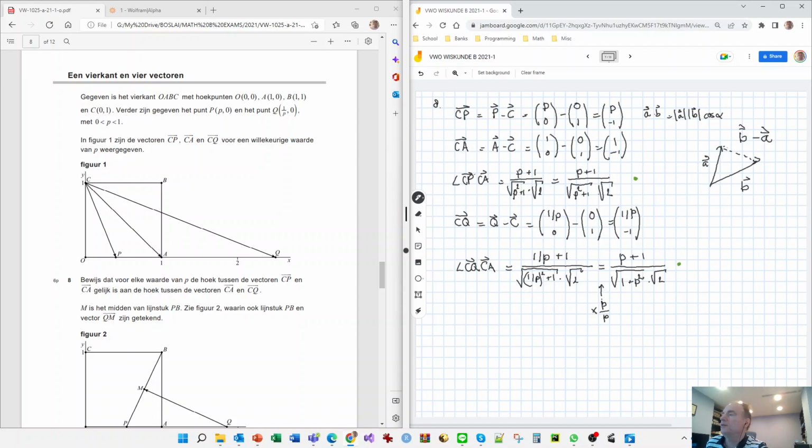Then again, we do the same trick to find the angle. I shouldn't say angle, by the way. I should say the cosine of the angle. This is giving you the cosine of the angle. Okay, and the same here. So from this, you find that the cosines of the angles are the same, but it also means the angles themselves are the same.